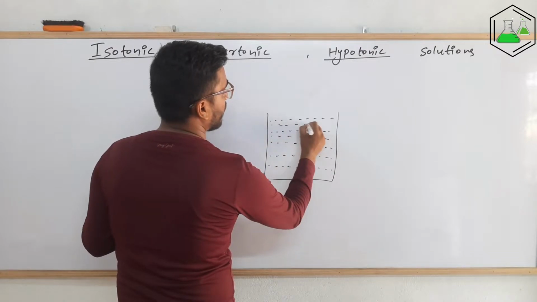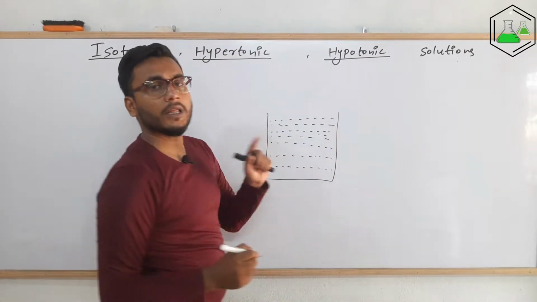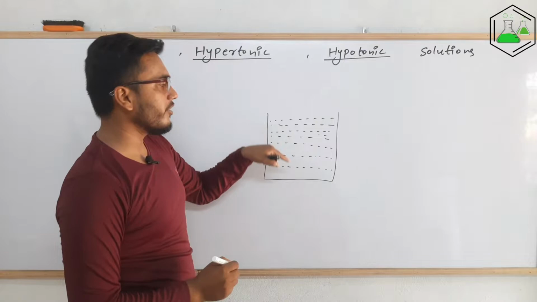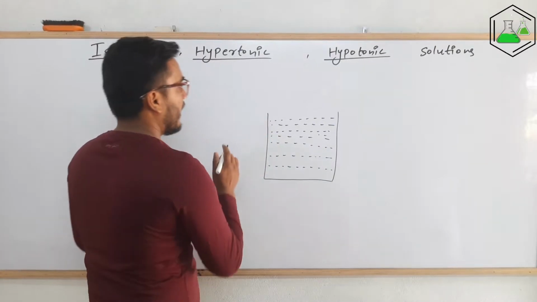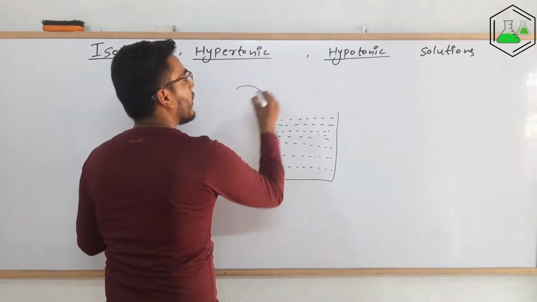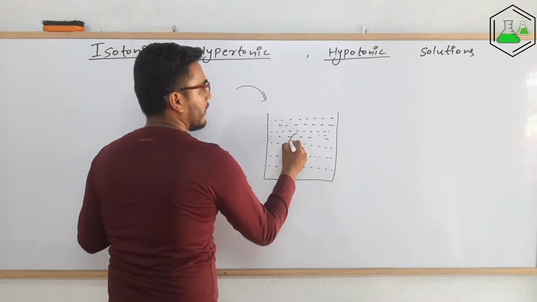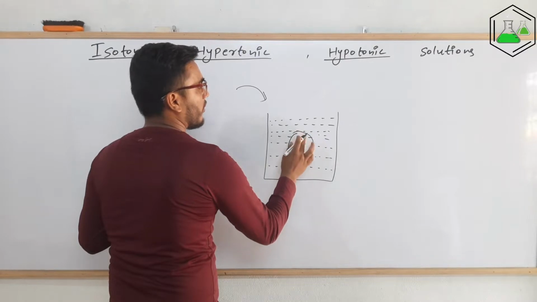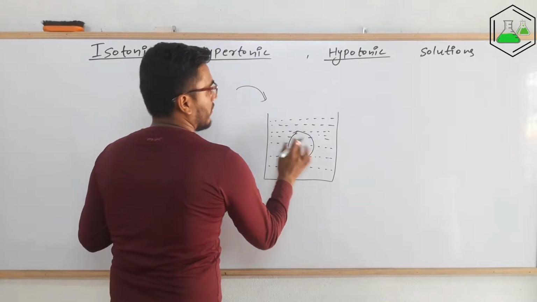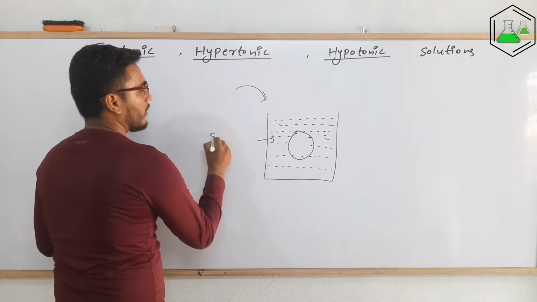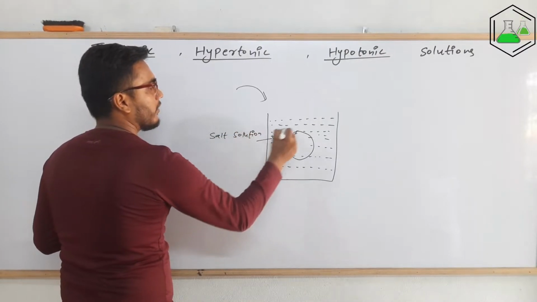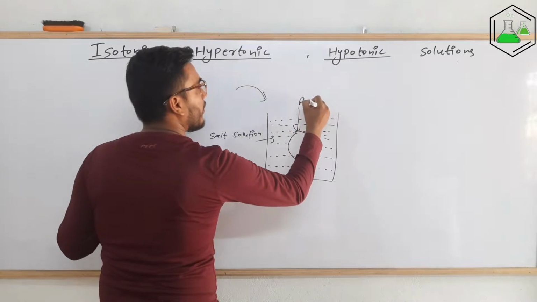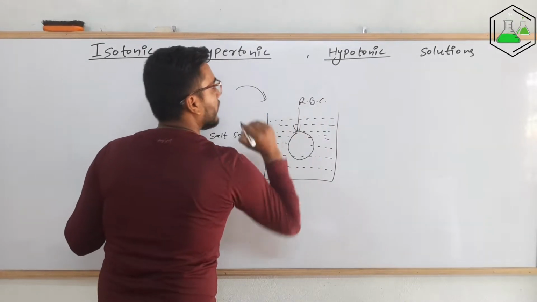There is salt in it as well, but the concentration of salt might vary in each case. And suppose we put a red blood cell in it. This is the red blood cell, and this is the salt solution.